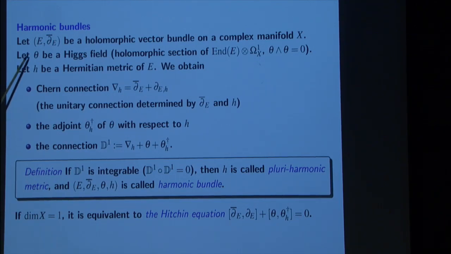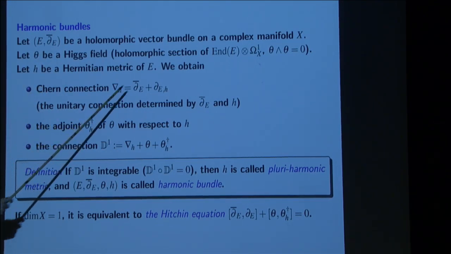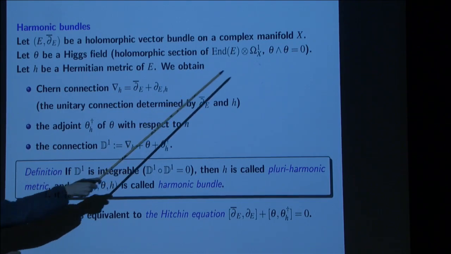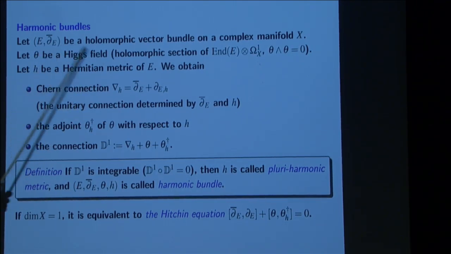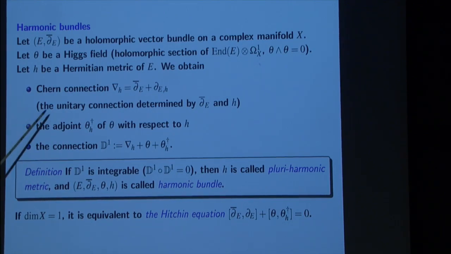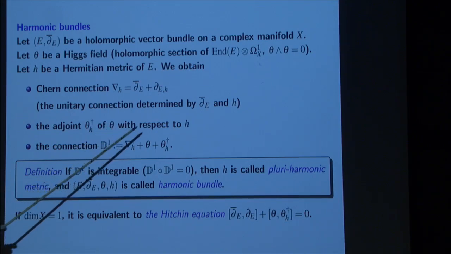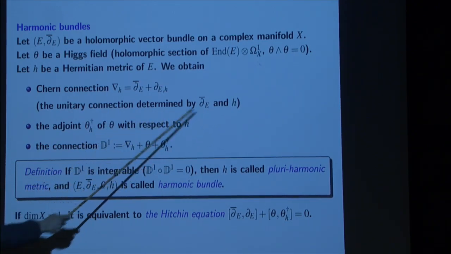We consider a holomorphic vector bundle on a complex manifold X. Let theta denote the Higgs field, which means theta is a holomorphic section of End of E tensor Omega 1, such that theta square equals 0. If we are given a Hermitian metric of the vector bundle, then we have the Chern connection, which is the unitary connection determined by the holomorphic structure and the metric.